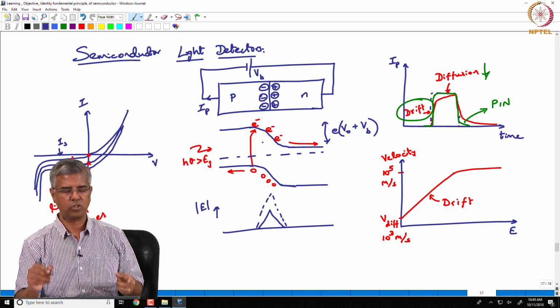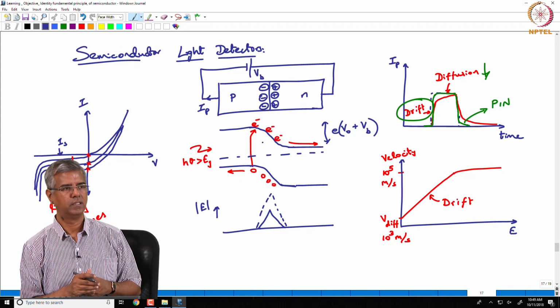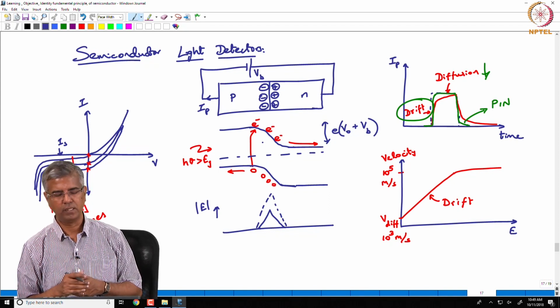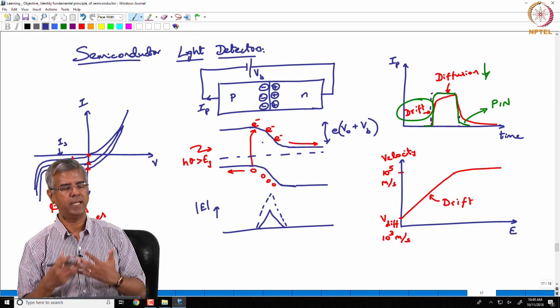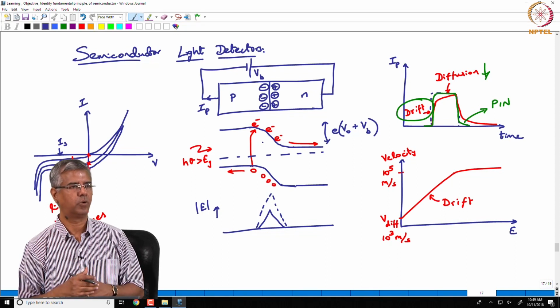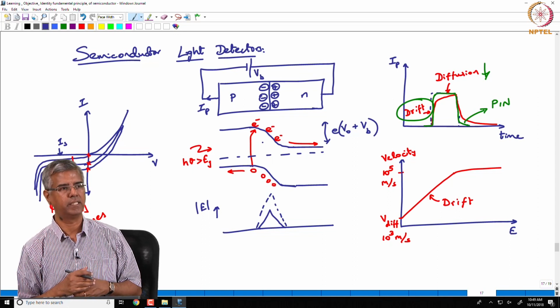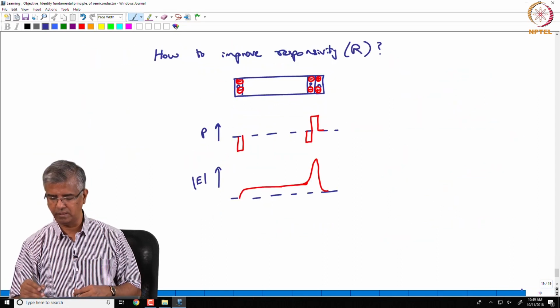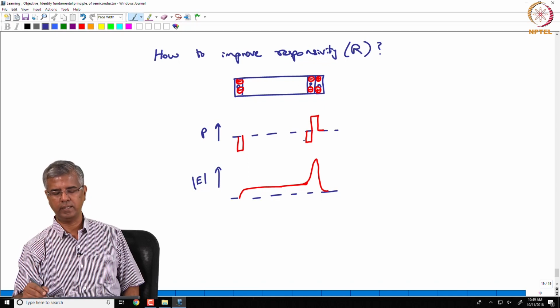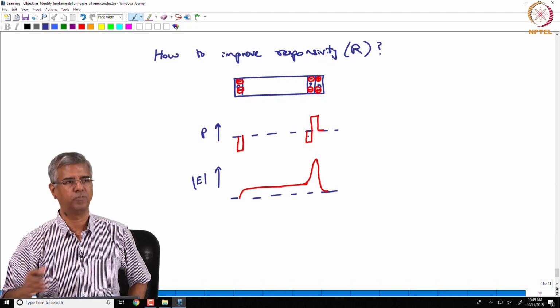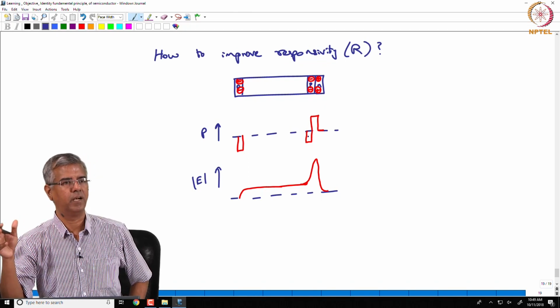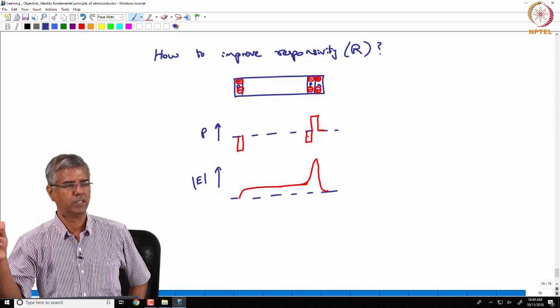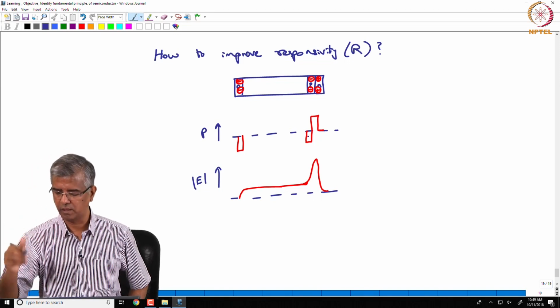So when that slope increases with external bias, you have a larger acceleration provided to the charges in that region. So specifically in this region, you are under the influence of very high drift velocities, almost to the level of the saturation drift velocity, 10 power 5 meters per second.